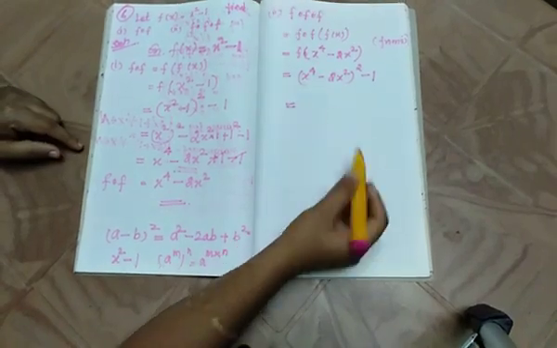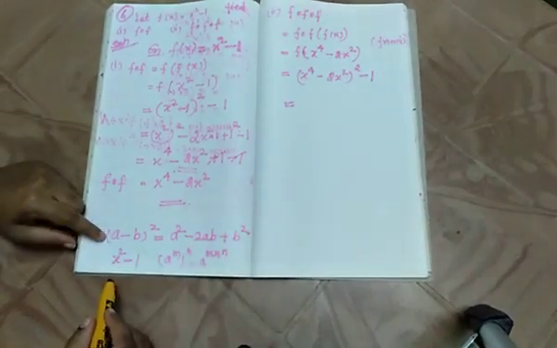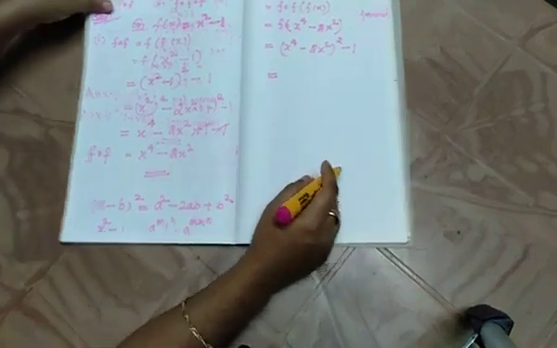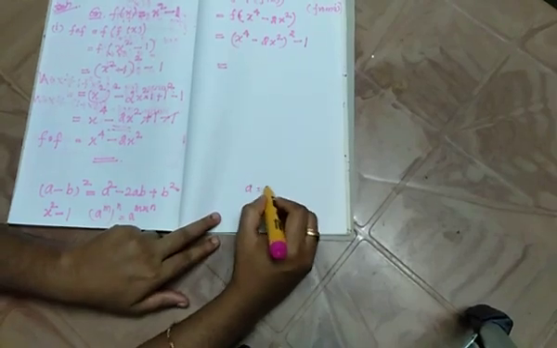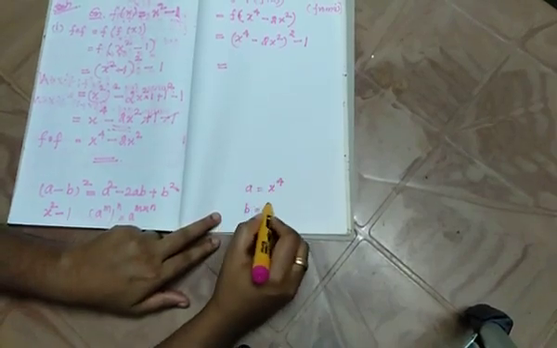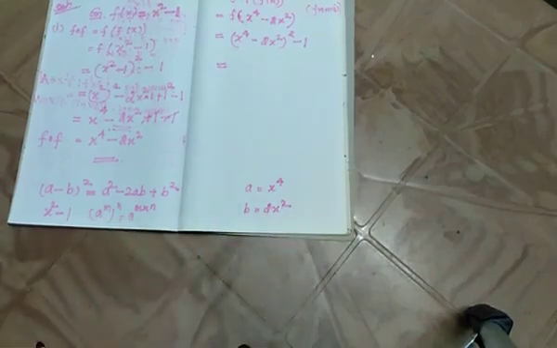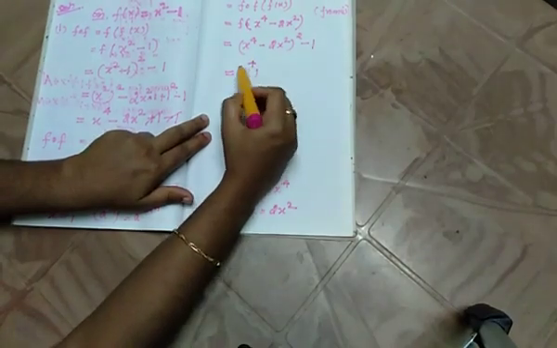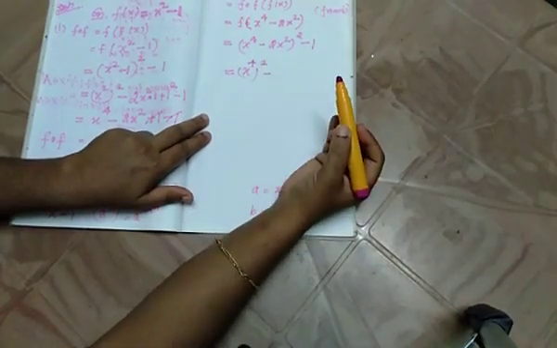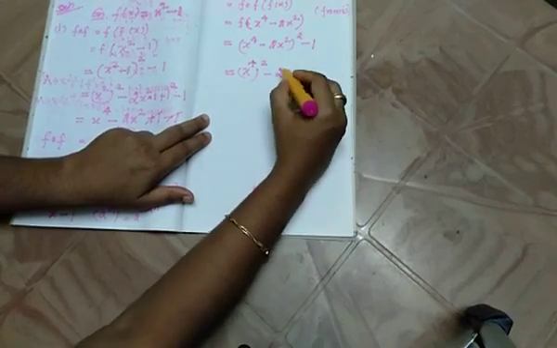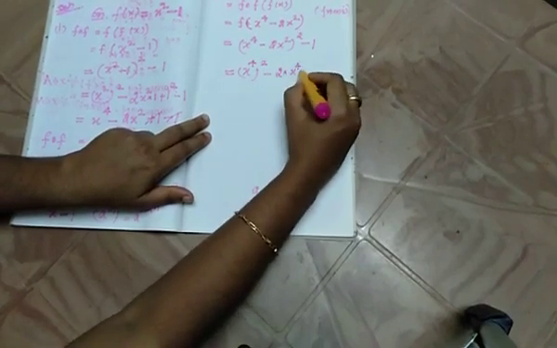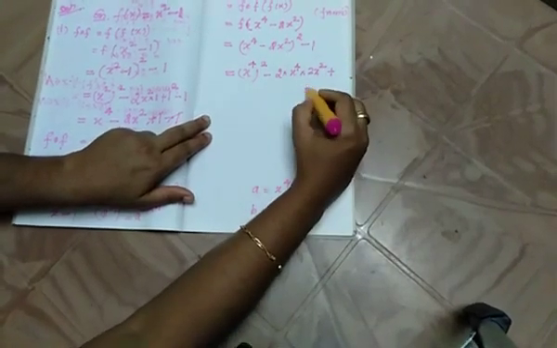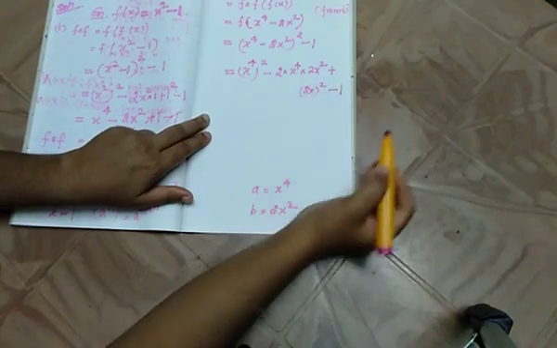Now same as we have already, the formula a minus b the whole square. Here in the place of a we have x power 4 and in the place of b we have 2x square. So let's substitute it. A square, so x power 4 the whole square, minus 2ab, that is 2 into x power 4 into 2x square, plus b square, that is 2x square the whole square, minus 1.